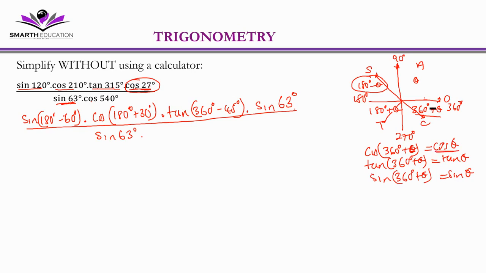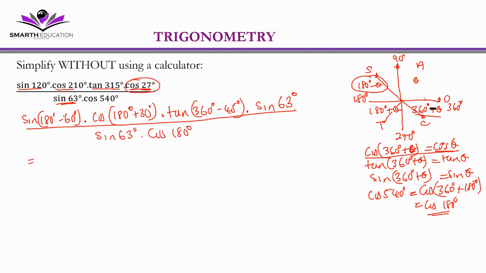So cos 540 degrees is just the same as cos of 360 degrees plus 180 degrees. So meaning that this is cos 180 degrees.